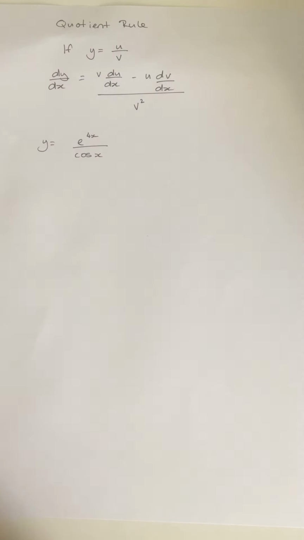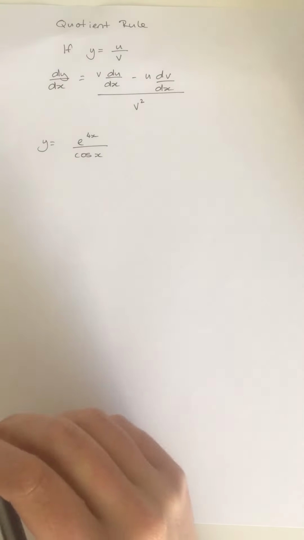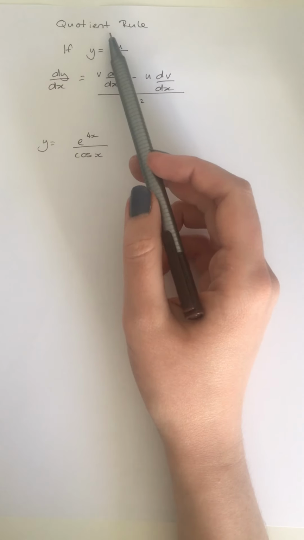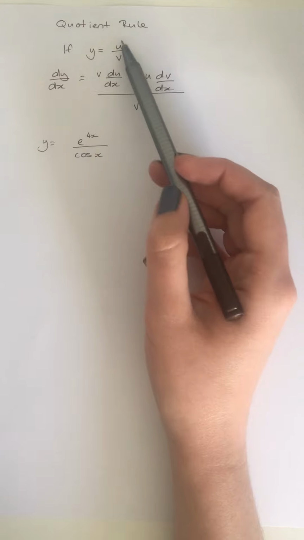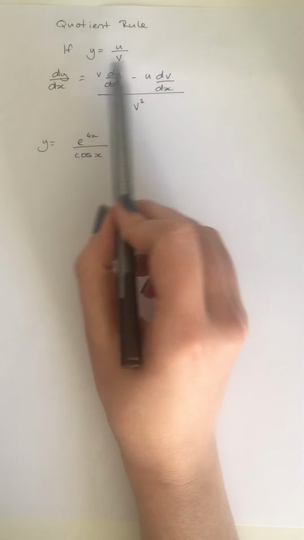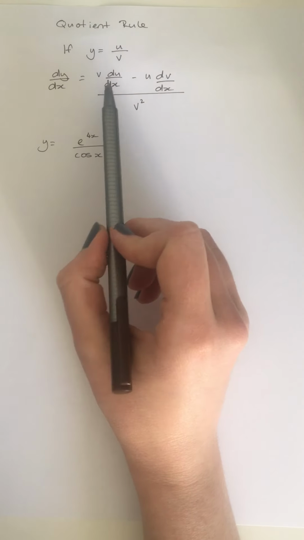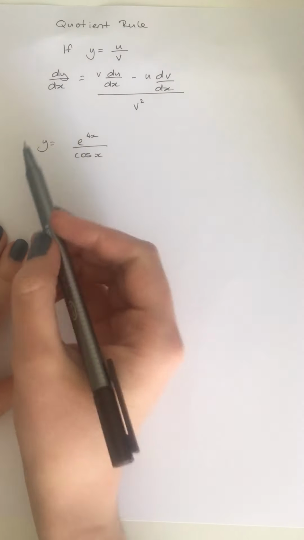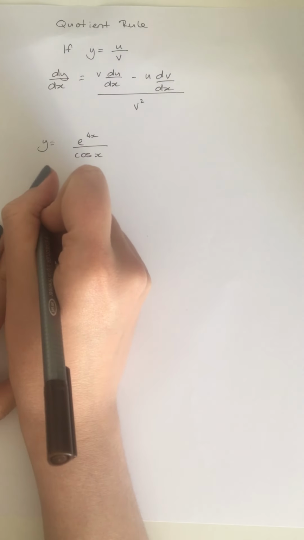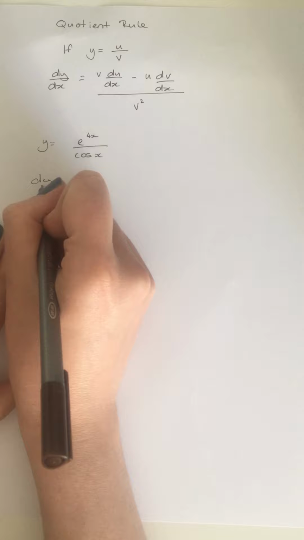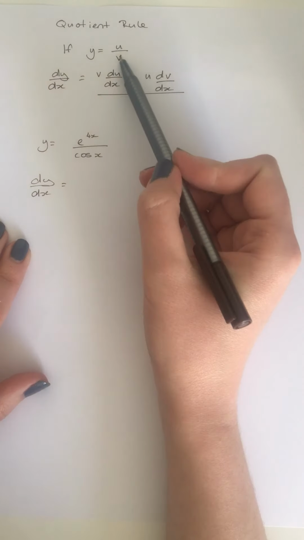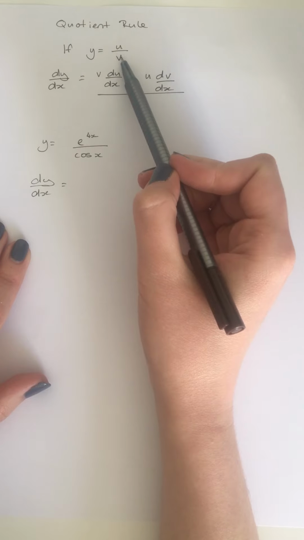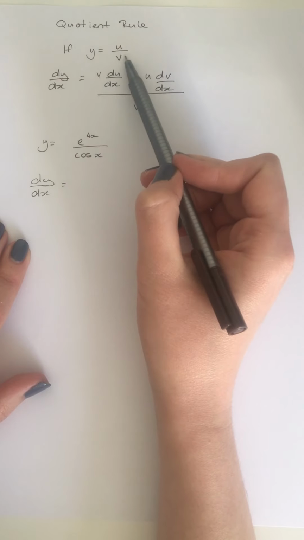Next one, quotient rule. We use the quotient rule when my function, instead of being u times v, is u divided by v. And then this is the rule. Again, you don't need to remember it now. If I wanted to differentiate this as an example, then dy by dx is equal to, so I start off with the thing that is on my denominator, which just stays as it is, and I don't differentiate.